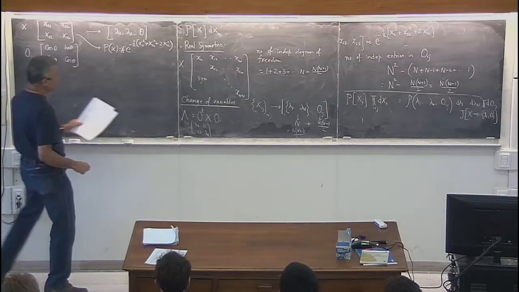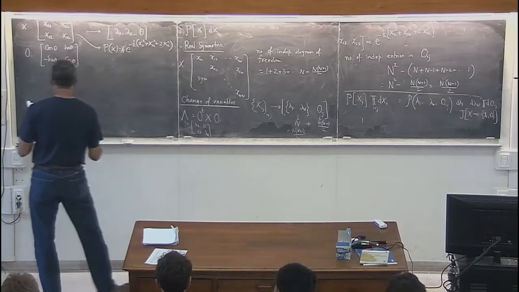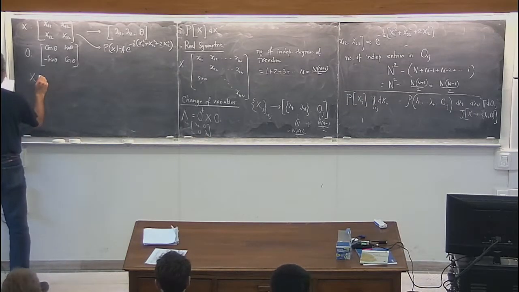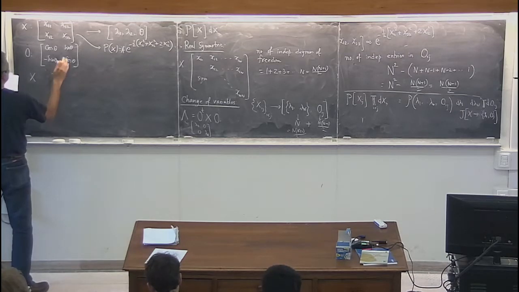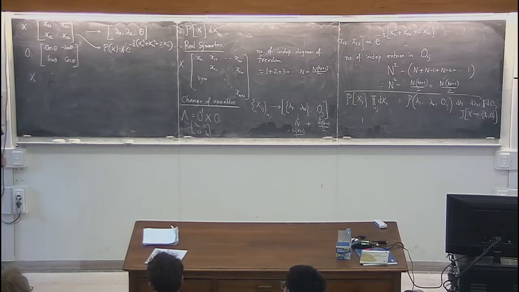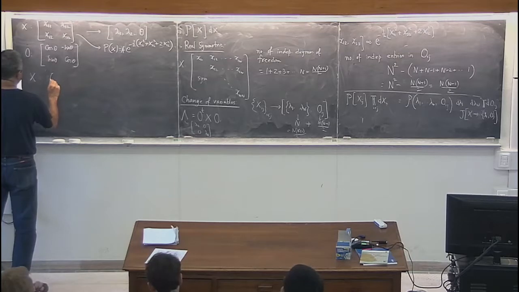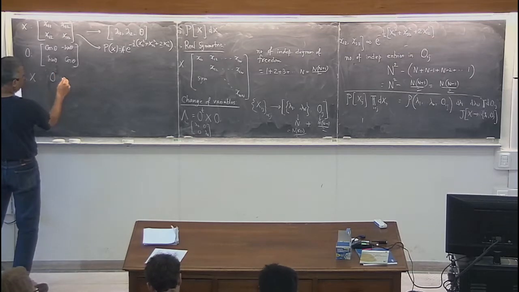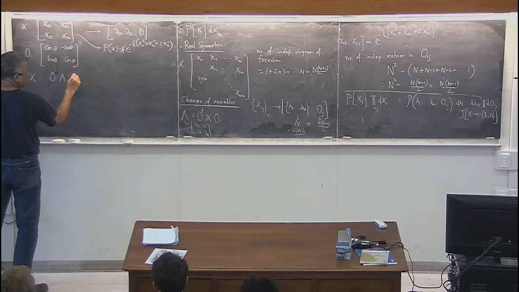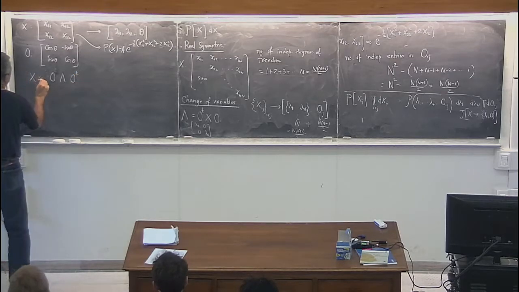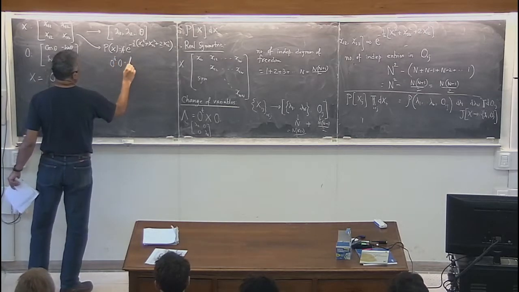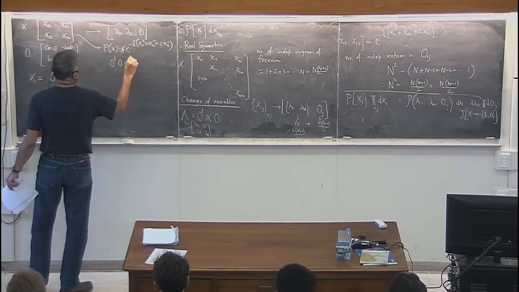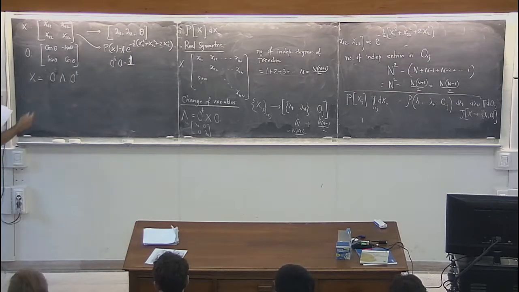I can just invert this, so X will be O lambda O transpose, just inverting this, because O is an orthogonal matrix. So let's write it down explicitly.